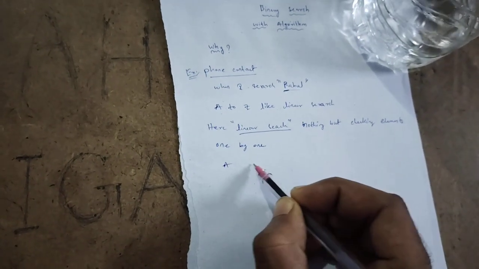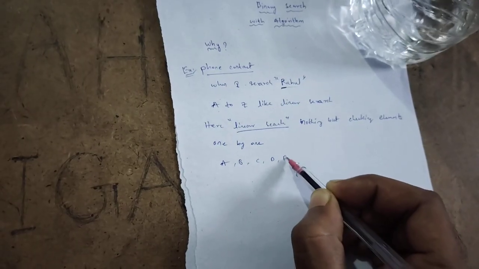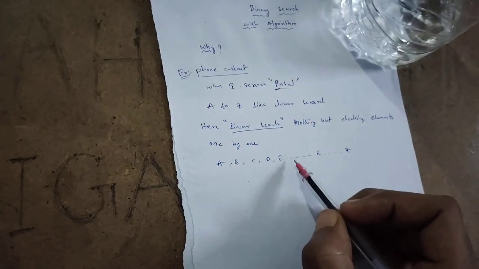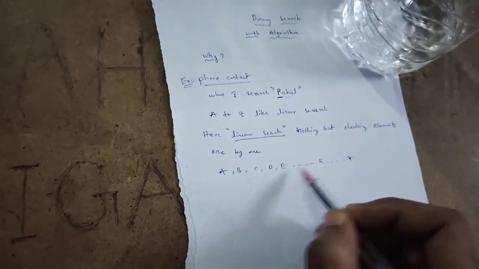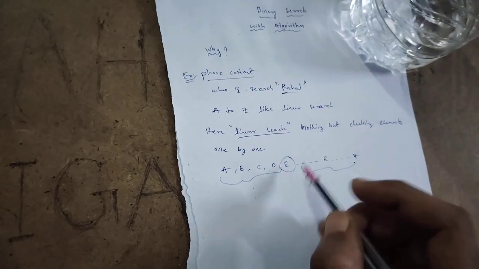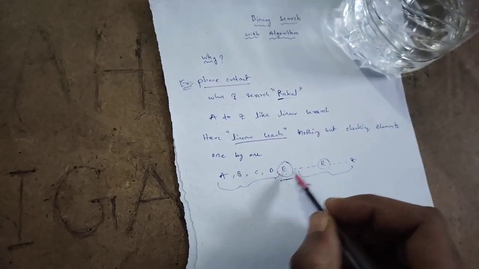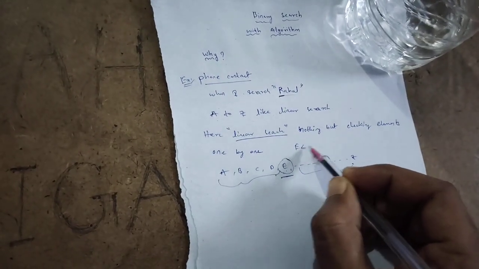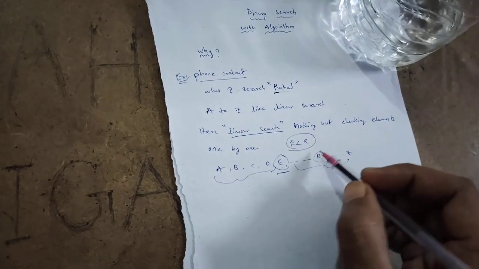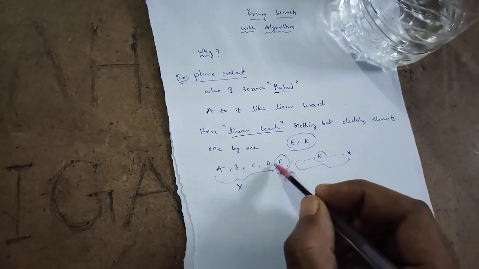Let's say A, B, C, D, E, and so on, R, and so on, Z. When it divides into two halves, this is one half, this is one half, and here E is less than R in order. When we assume E is less than R, we cut this array, totally delete this half.